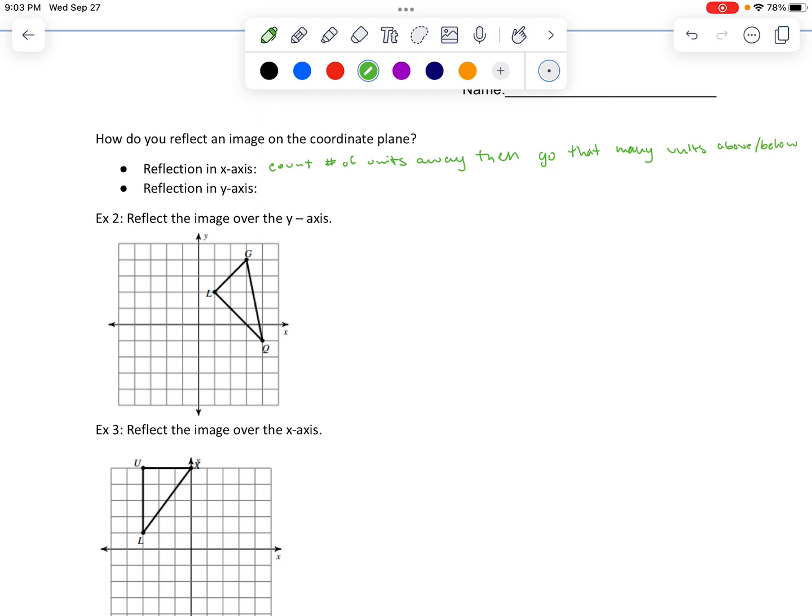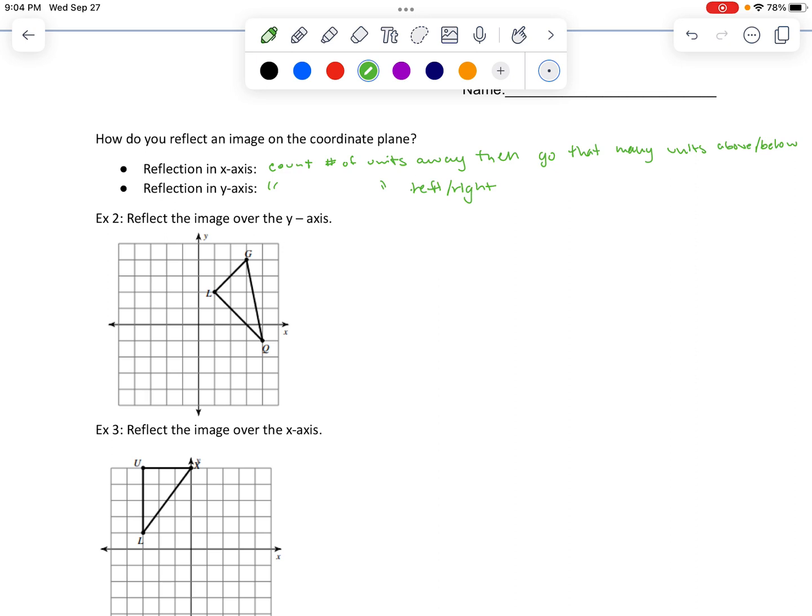On the y-axis, it's the same thing, but you will go left or right instead. So nothing real fancy with this. It doesn't matter if it's the x-axis or the y-axis, to be honest. If you're dealing with any horizontal or vertical line, this is the same process.